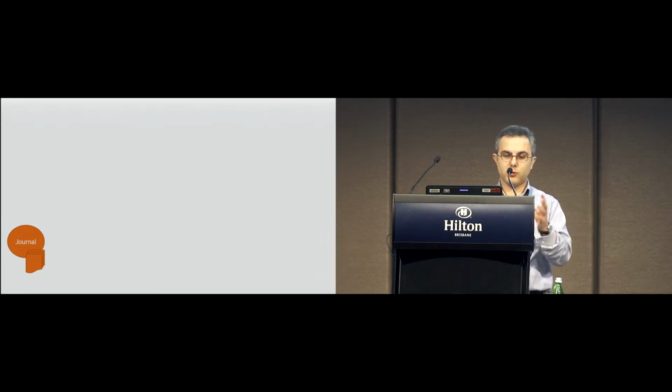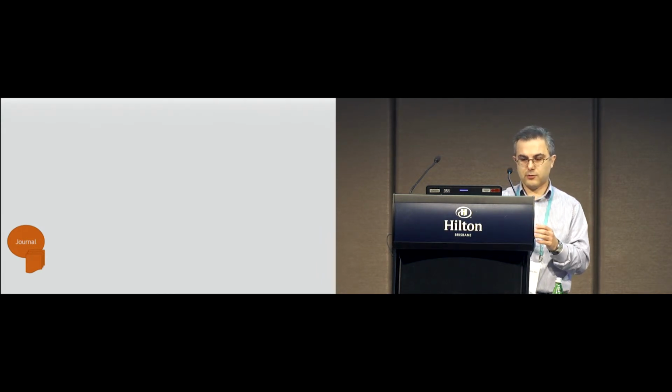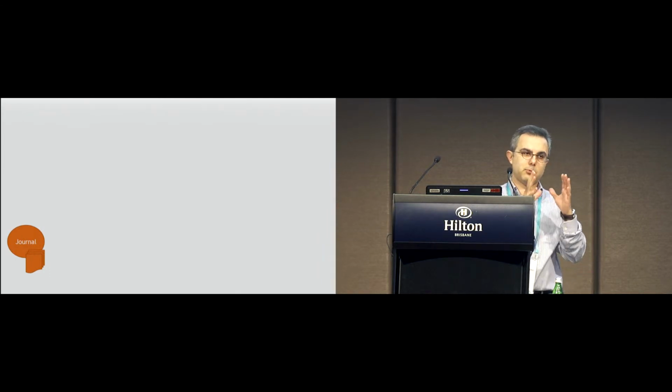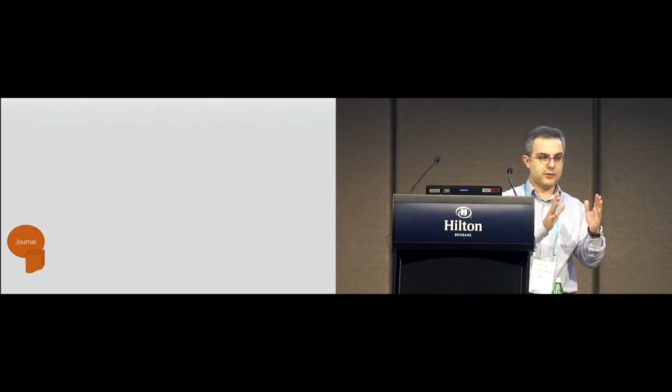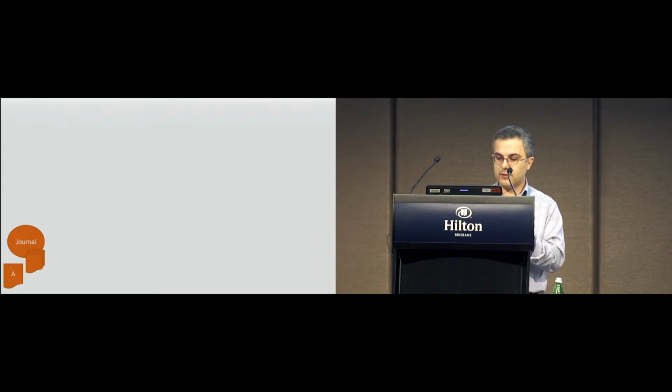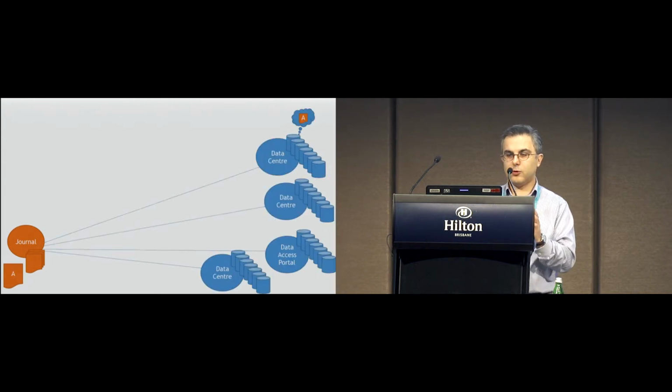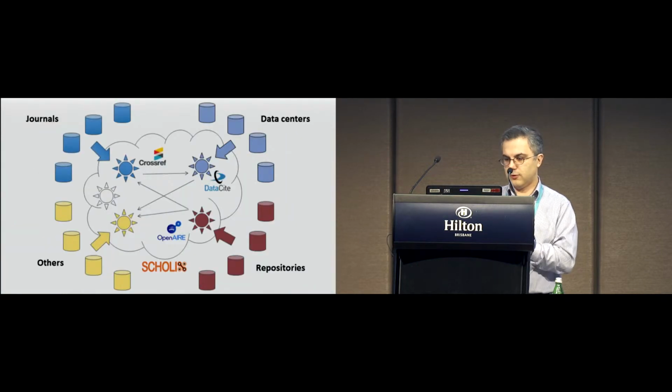For example, a researcher goes to Scopus. I will have a screenshot of this later on, where you see the paper, but you don't see the data set that's linked to it. So there's the same interest for journals. A journal wants to know what other data sets in the repositories are connected to it.